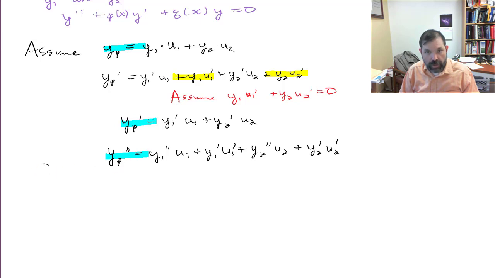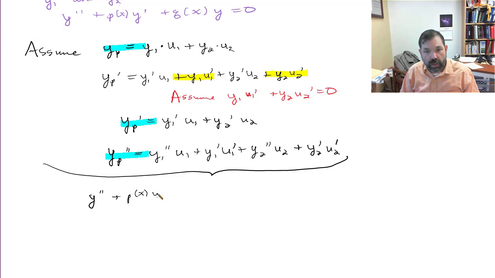So let's take all that information and substitute it into the DE, y double prime plus p of x times y prime plus q of x times y is equal to f of x. And let's see what happens.